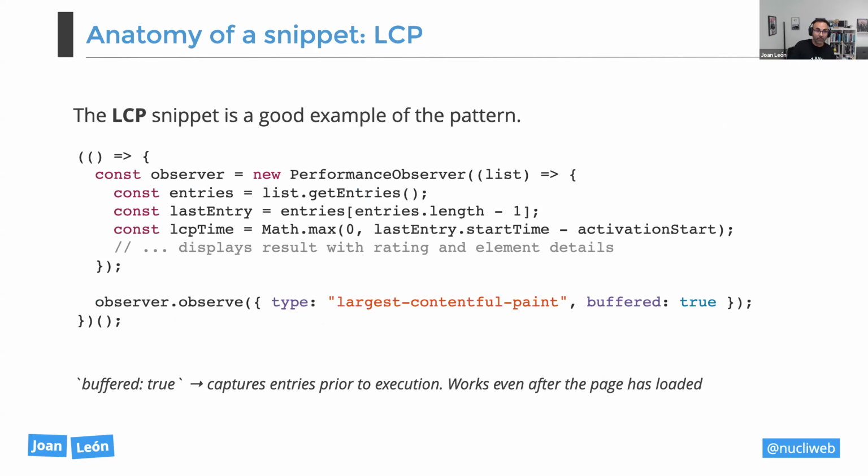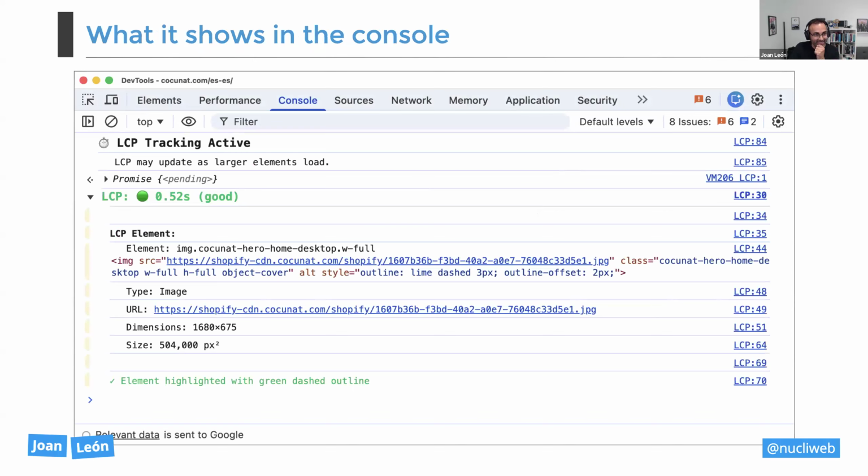This is the anatomy of the first snippet, to detect the LCP. In this case, it is a short piece of code. And when we run this snippet in the console or via the snippets tab, we have the output in the console.